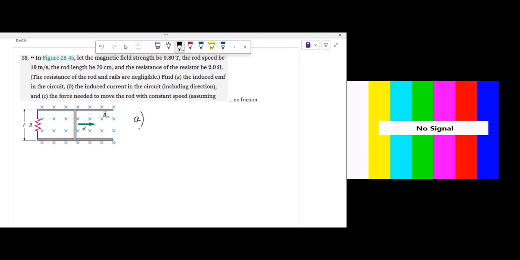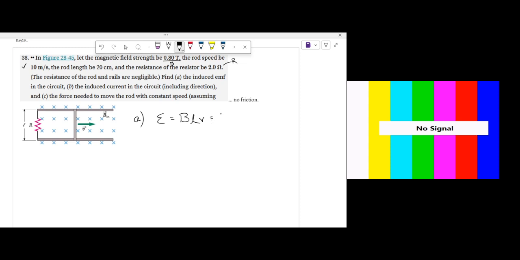For this one, we've got magnetic field strength. This is B right here. B is equal to 0.8 Tesla. The rod has a speed of 10 meters per second. We'll call that V. And the resistance, according to this problem, is 2 ohms. Find the induced EMF in the circuit. We said that the induced EMF is equal to B times L times V when the velocity and the magnetic field are constant.